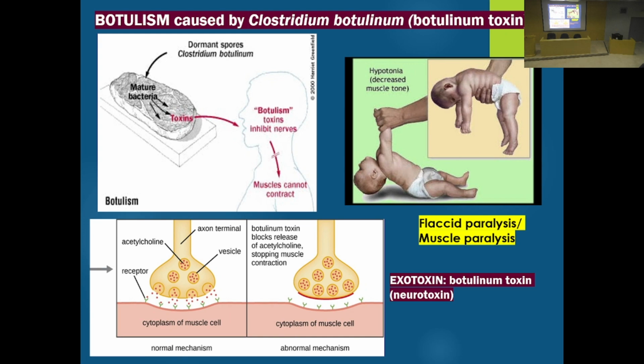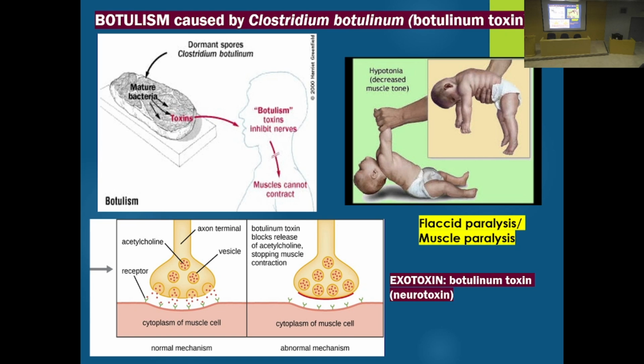An example of an exotoxin is botulinum toxin, which is produced by a bacterium called Clostridium botulinum. In your previous problems, you have studied how a muscle contracts and relaxes, right? What is the neurotransmitter required for contraction? Acetylcholine. So what does this botulinum toxin do? It inhibits the release of acetylcholine. When acetylcholine is not released, the muscle is always relaxed.